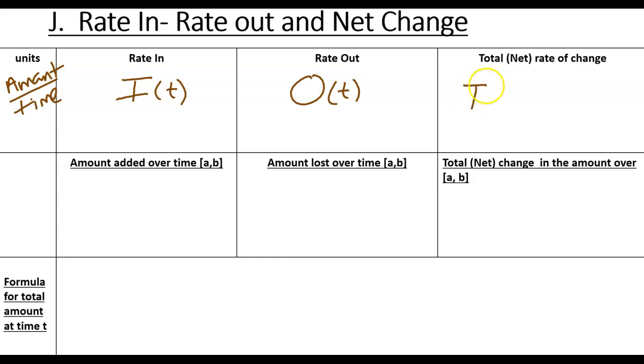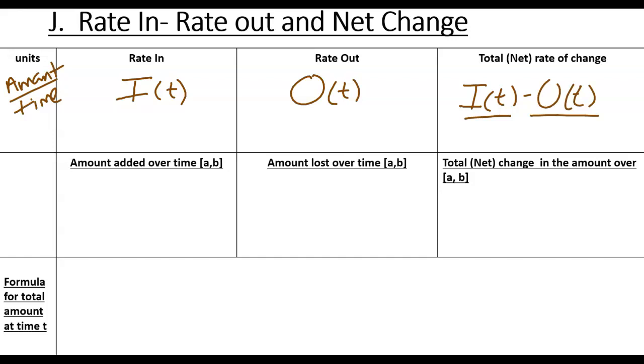Now, if you take the rate in and you subtract from it the rate out, that will tell you the total change in the total or net rate of change. So, let's say water's pouring into the bathtub at a rate of like, I don't know, let's say 15 liters per minute, and it's draining out of the bathtub at a rate of like 10 liters per minute.